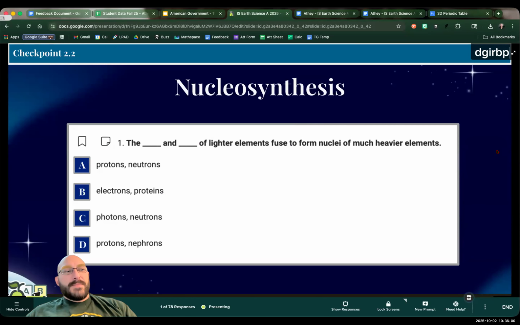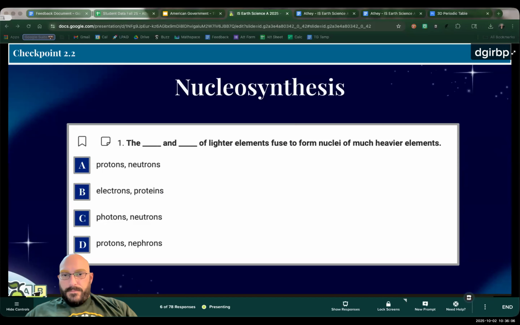What do lighter elements smash together or fuse to form nuclei of heavier elements? Definitely not, Muhammad.